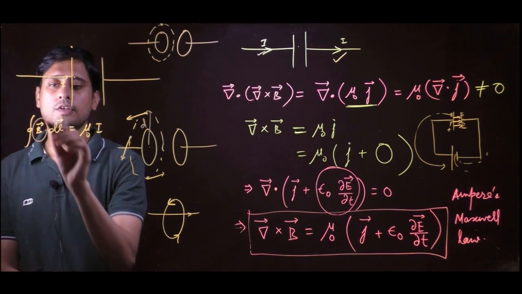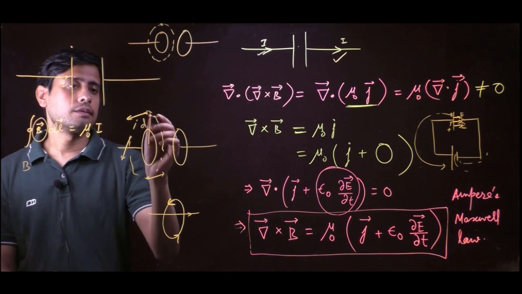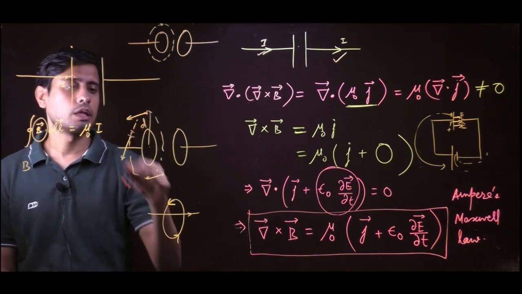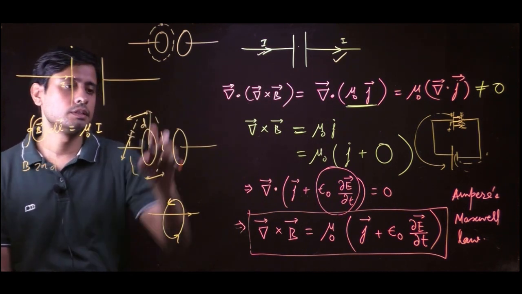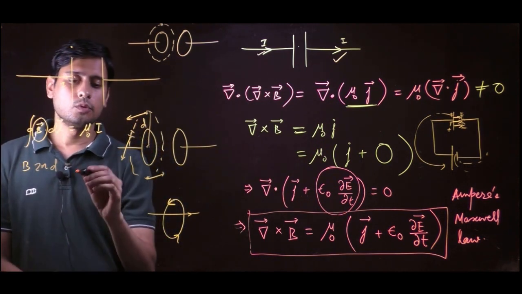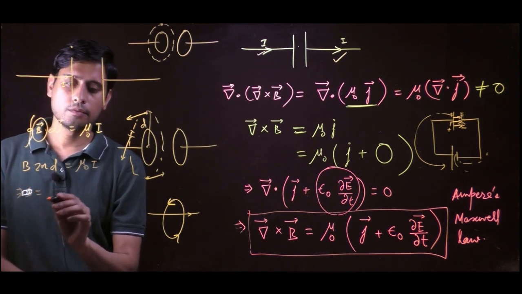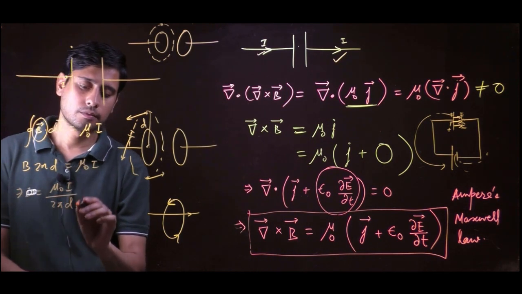So B must be outside of the integral, and the integral of dl is the length, which gives you 2 pi d, where d is the distance from the center. So it is equal to mu naught times I, and in this way you calculate B equals mu naught I upon 2 pi d.